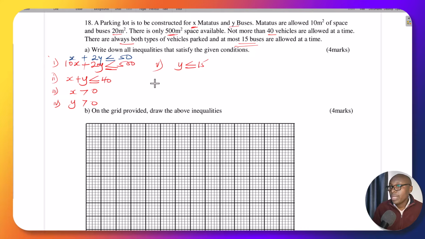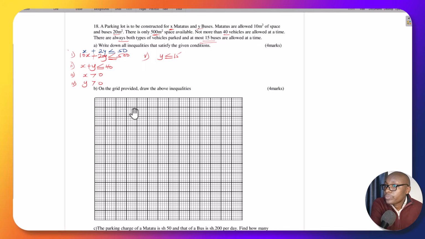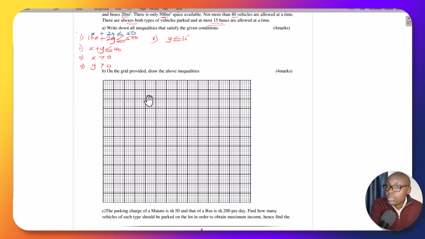You graph them. To graph them, we pick them one at a time. The first one is x plus 2y equals 50. The line that you're going to draw there will be continuous.